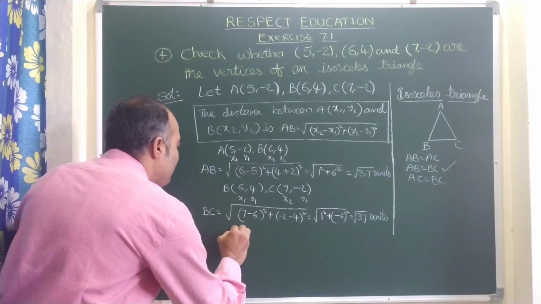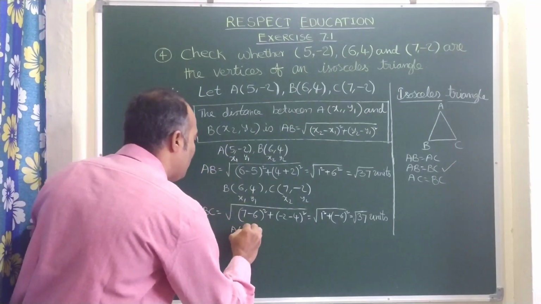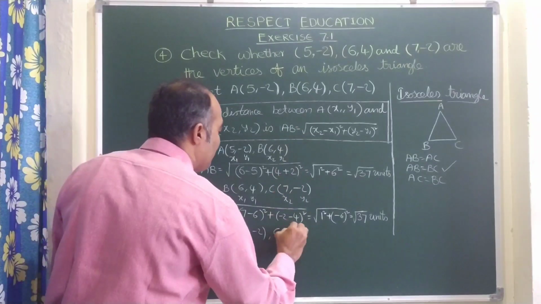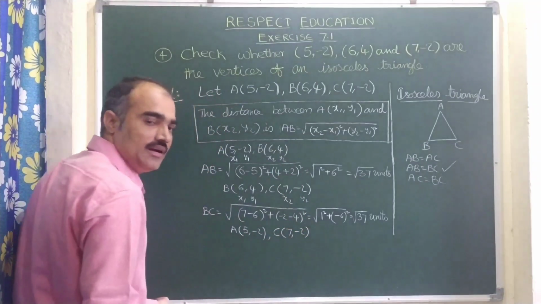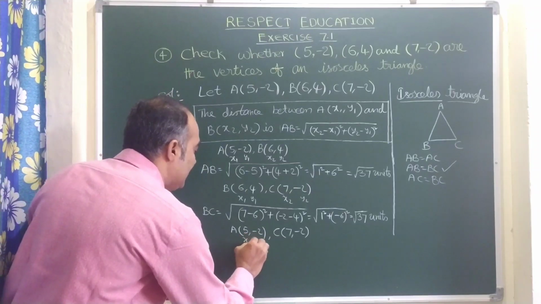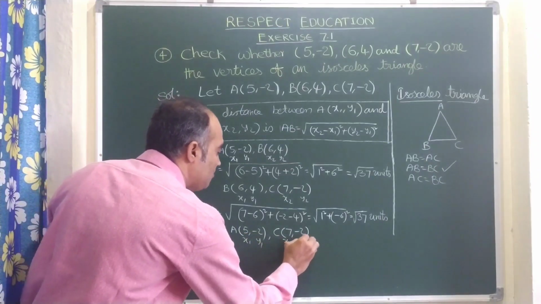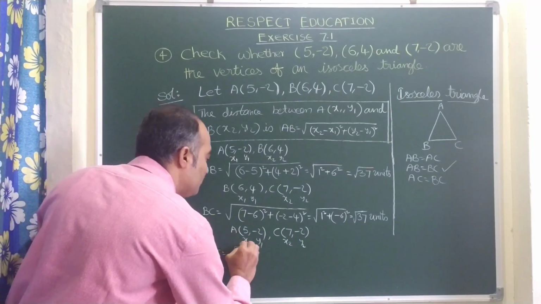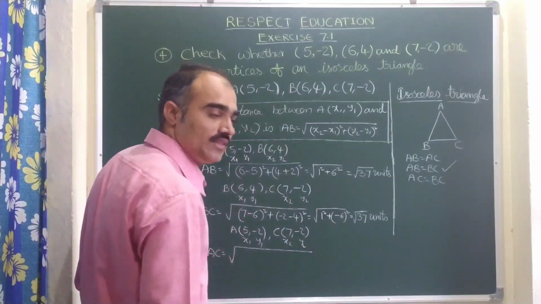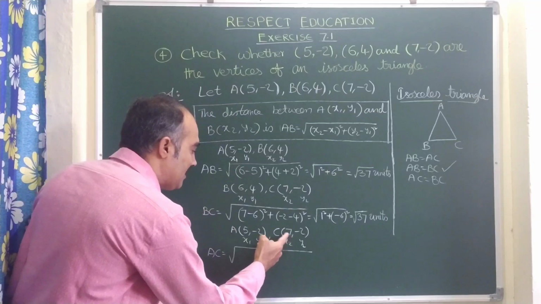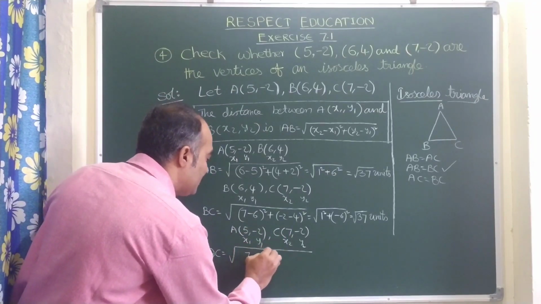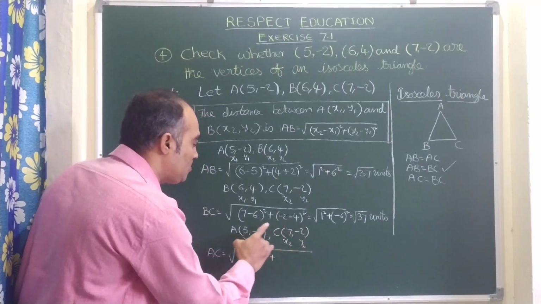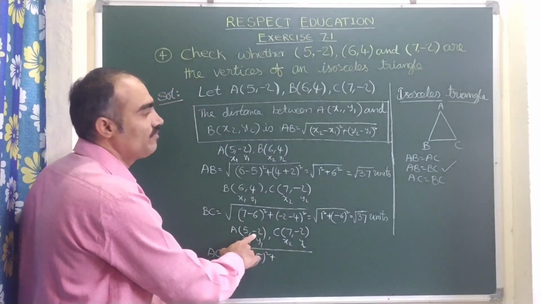So here A is 5 comma minus 2 and C is 7 comma minus 2, right? Here let us take A as x1 y1, C as x2 y2. So AC is equal to under root x2 minus x1 whole square, 7 minus 5 whole square, plus y2 minus y1, minus 2 minus of minus 2 plus 2.